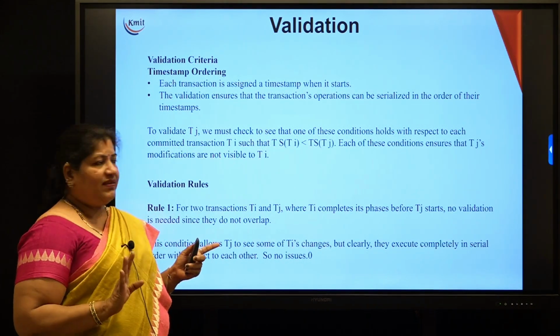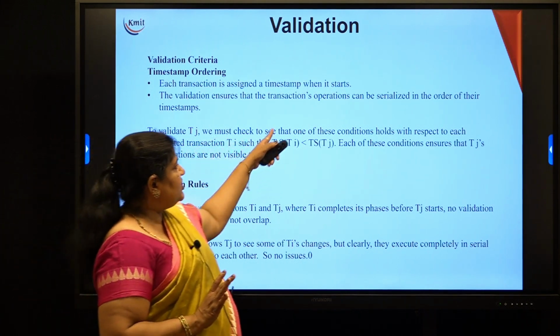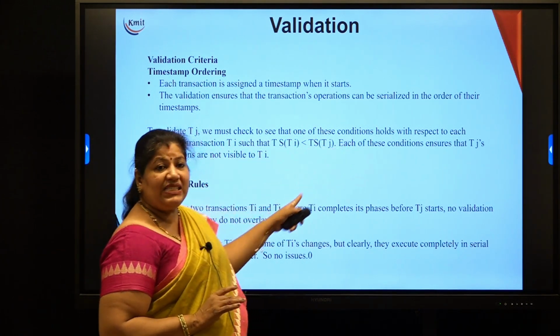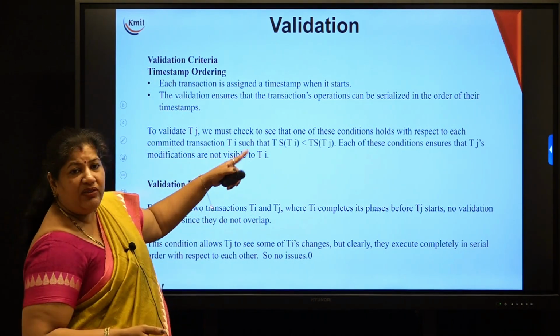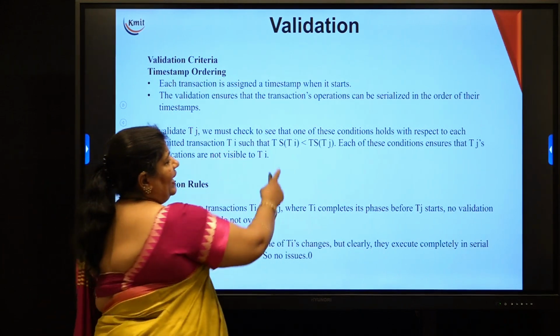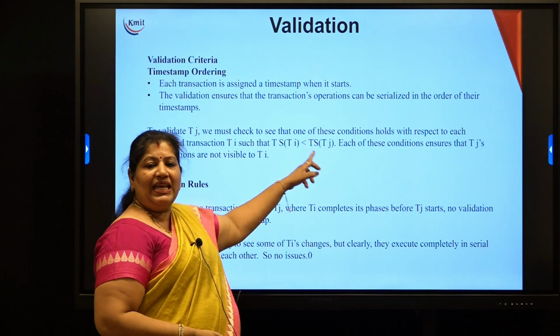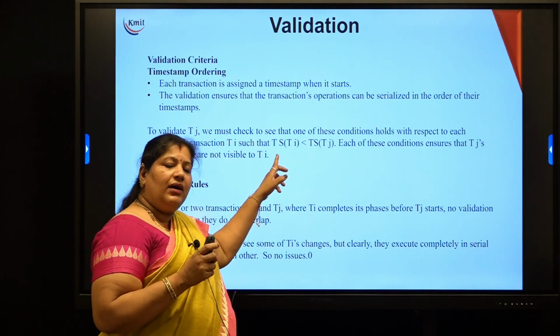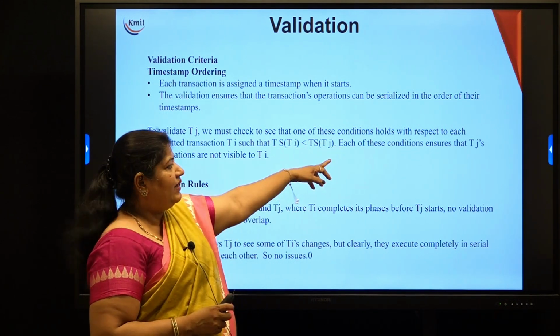Main idea is this: to validate TJ, we must check that one of these conditions holds with respect to each committed transaction TI, where TI is completed before TJ, or transaction TI occurred before TJ in the time of entering.